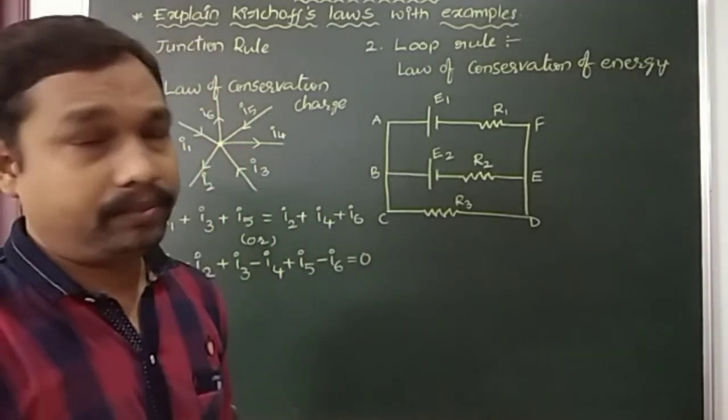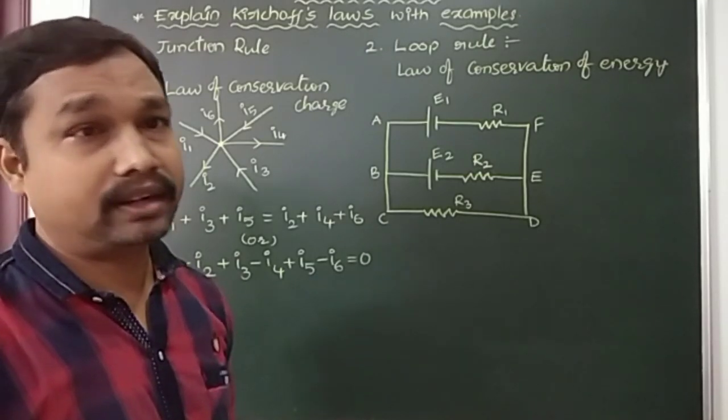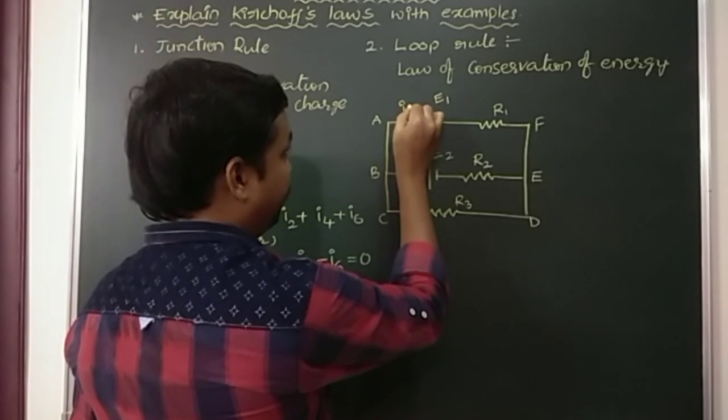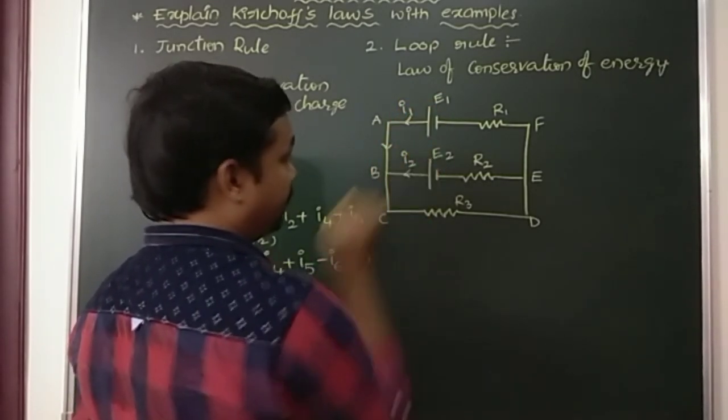Right now, if we consider this EMF E1, then electric current starts flowing. The current coming from here is I1, and the current coming from here is I2.